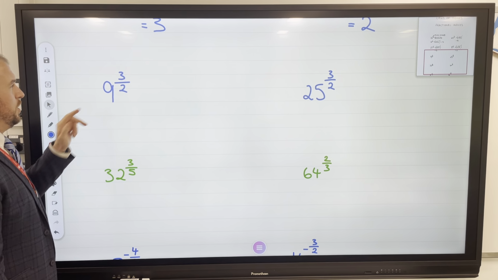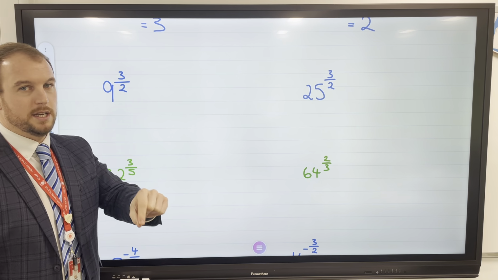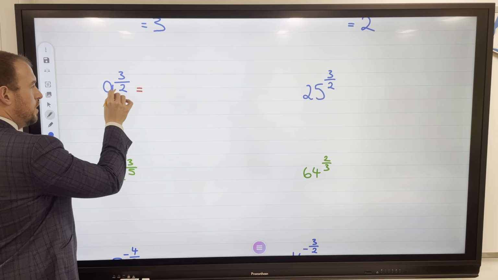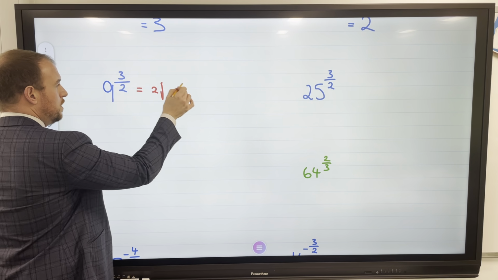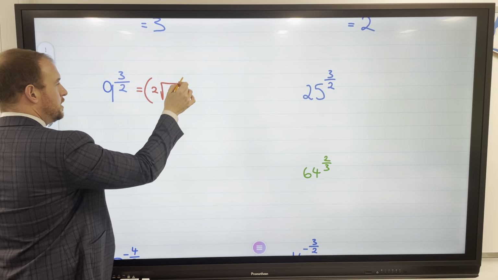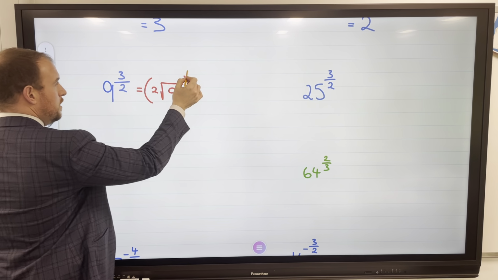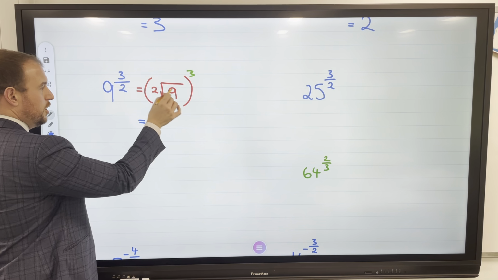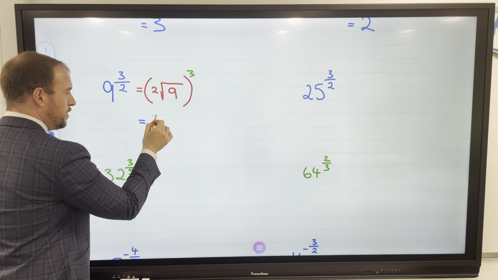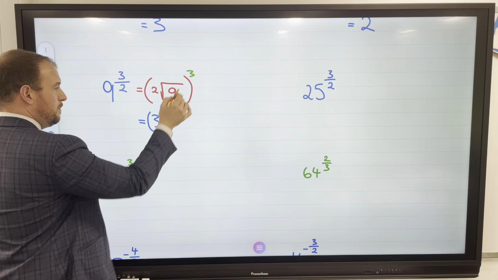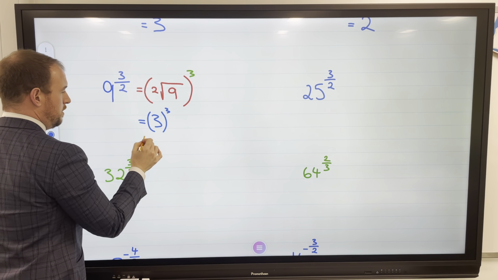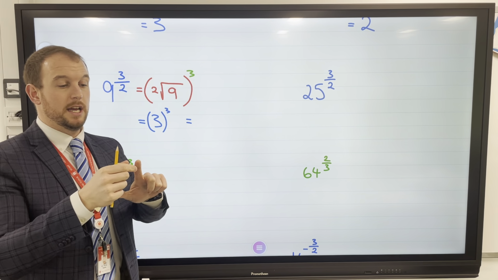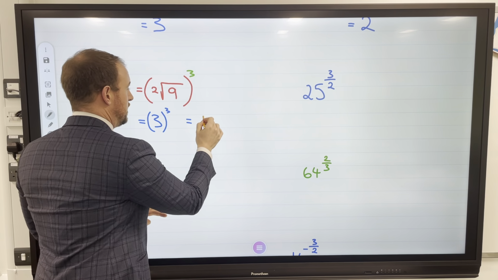Here then, you'll notice now that my numerators have changed. Square root of 9 to the power of 3, which means square root of 9 is 3, to the power of 3. Well, 3 cubed, 3 times 3 is 9, 9 times 3 is 27.